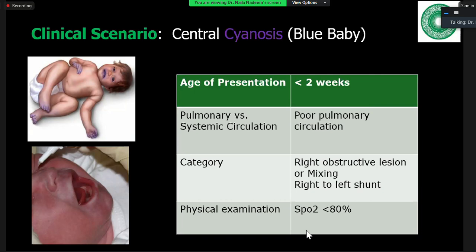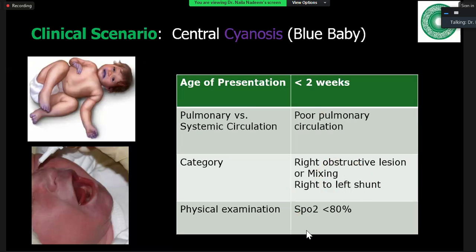Let's look at our first scenario, which is cyanosis. The age of presentation is normally the first 2 weeks of life. Pulmonary versus systemic circulation: it is the pulmonary circulation which is poor, and the category is that the right side blood is going to the left side, or there is mixing of the oxygenated and deoxygenated blood.